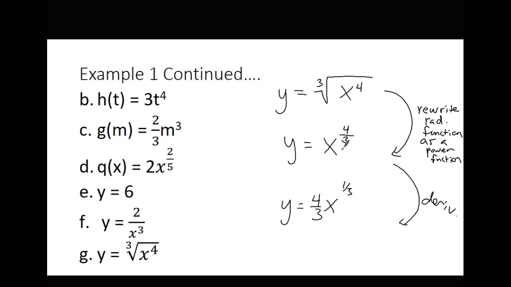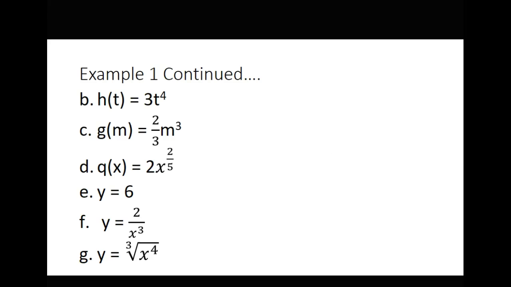All right, so let me throw a couple of these at you guys. I'll throw 3 at you. We'll see how you do. How about 2 over x squared? We'll call that A. For B, we'll say, how about y equals the 5th root of x to the 4th.